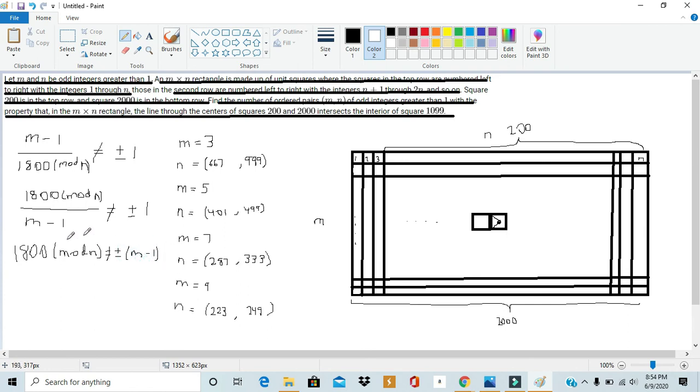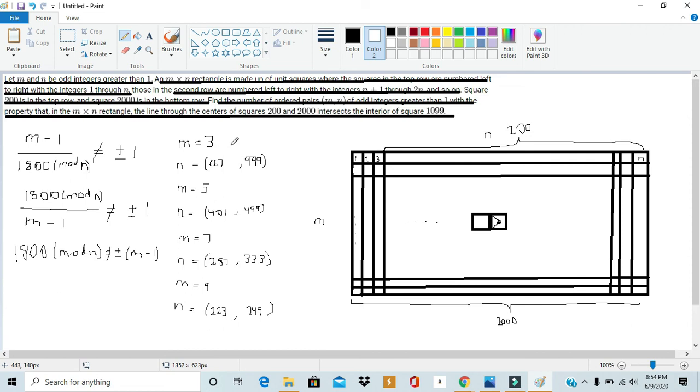Now, here we can test out all the cases to find out which ones don't work. And we can do that by plugging in the values of m we've already found, 3, 5, 7, 9, to see which values of n break these rules.